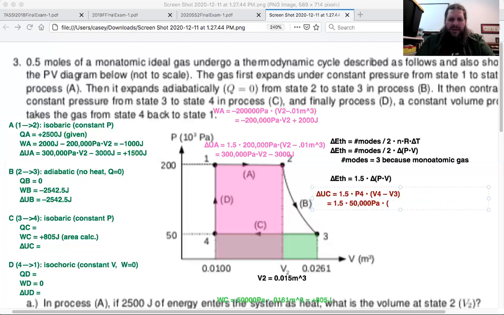V4 minus V3 is just 0.0261 minus 0.01, so that'll be 0.0161 meters cubed. Multiply those together, 1.5 times 50,000 times 0.0161 is 1207 and a half.